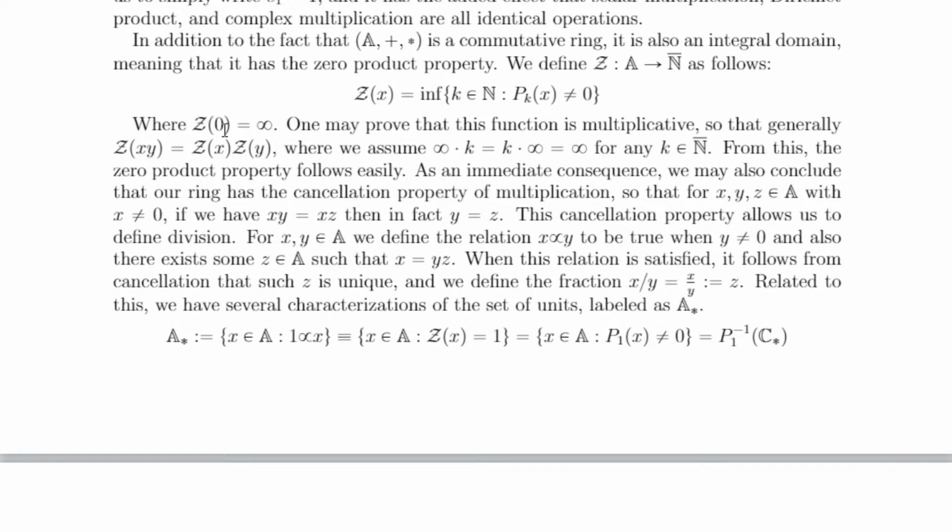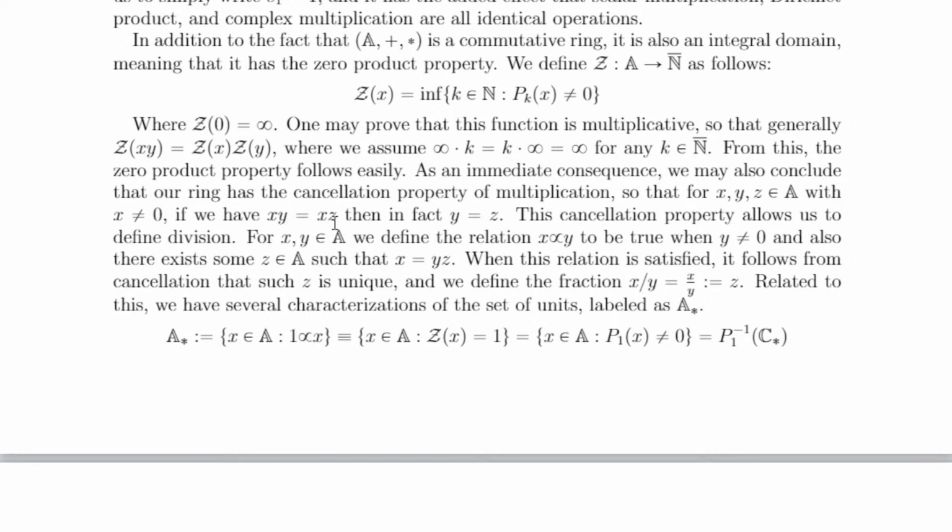This also lets us use, if we have the zero product property, this is actually equivalent to the cancellation property for multiplication. Because we have the zero product property, if we have x, y, and z, which are elements in our space, if x is non-zero and we have x times y equal to x times z, then actually we end up with y equals z. The reason that happens is that it's an immediate consequence of the zero product property.